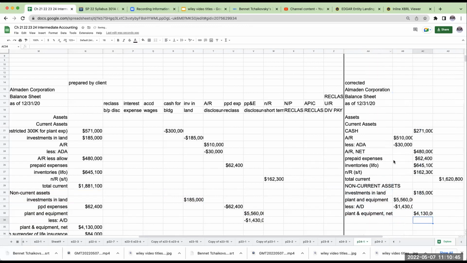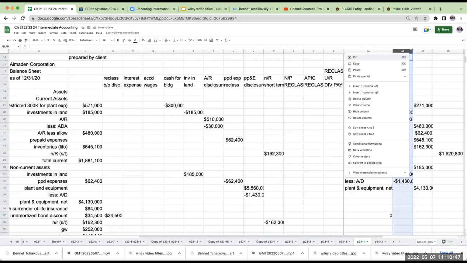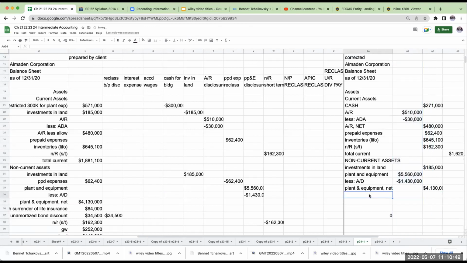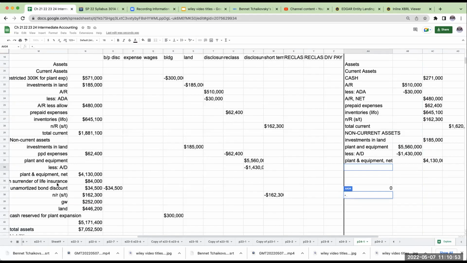Next one over here is going to be cash surrender value of life insurance. This is going to be at 84. The bond discount we removed. Notes receivable short term, we got rid of that, so that's not applicable for what we're doing.